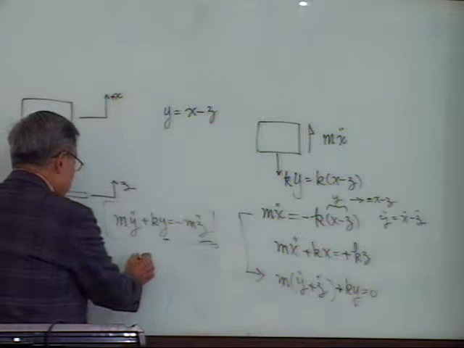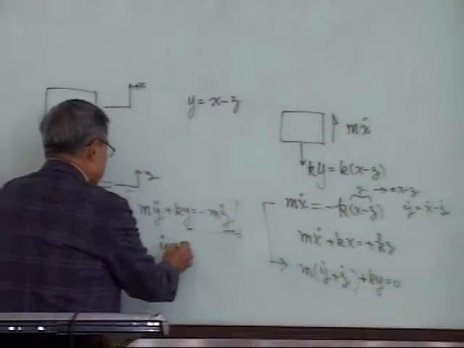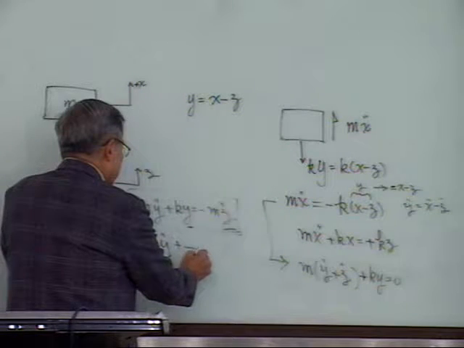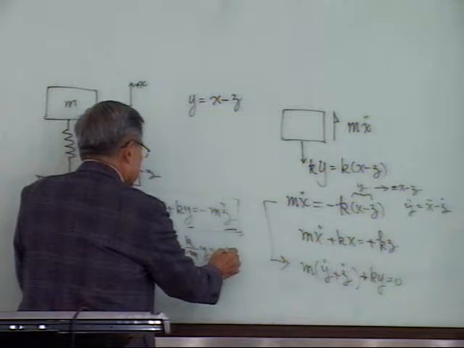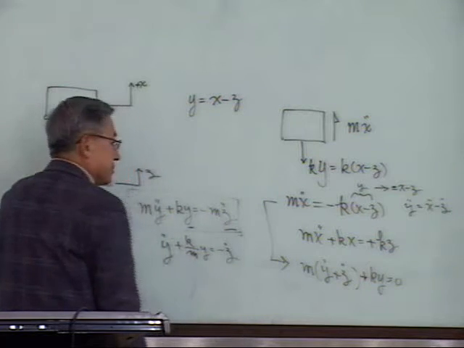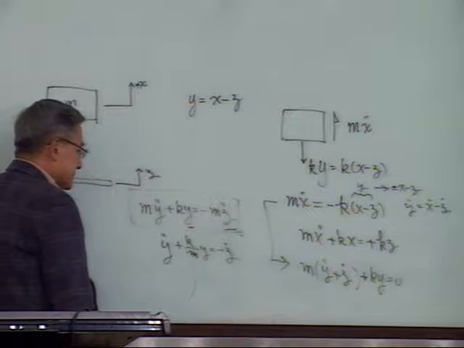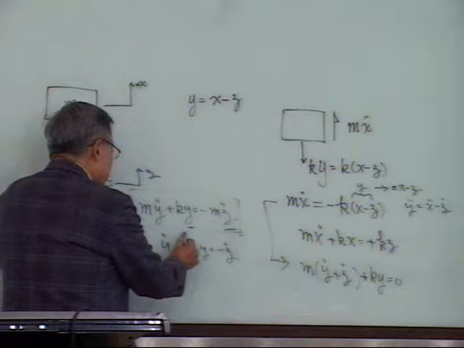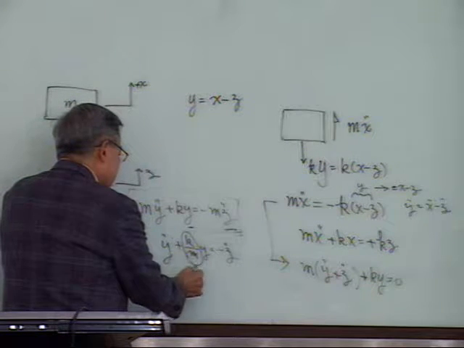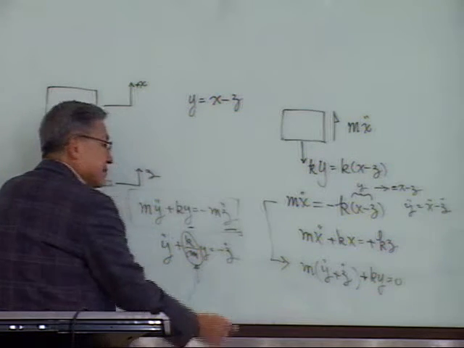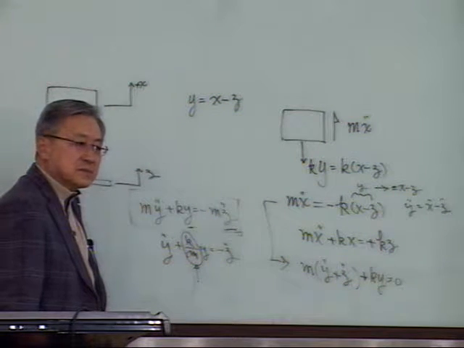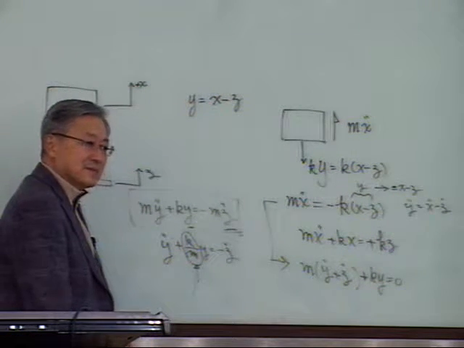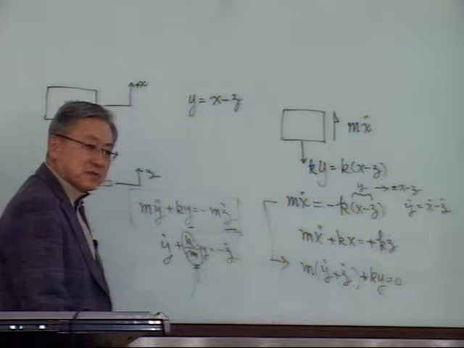And if you divide everything by m, y double dot plus k over m y is equal to minus z double dot. So here k over m, what is it? What do you call that? Natural frequency.